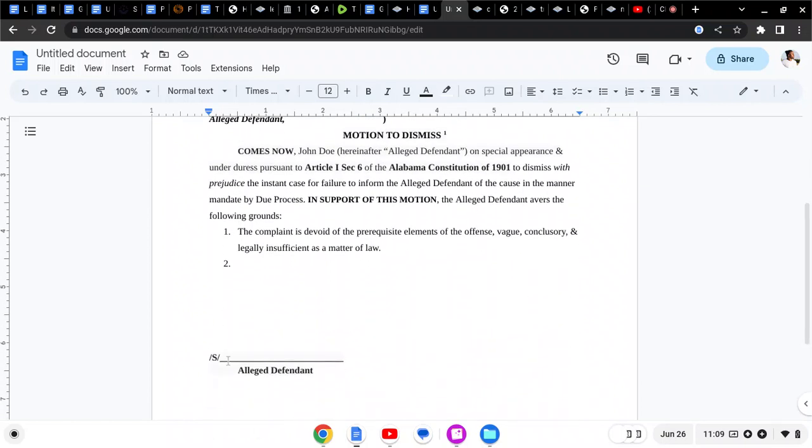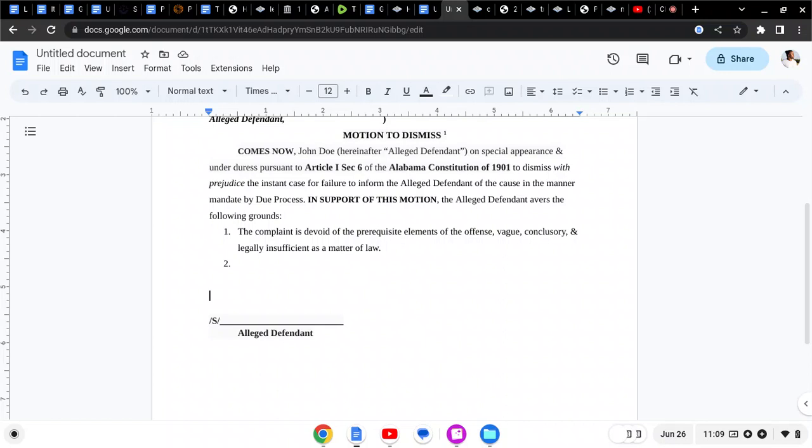You're filing a demurrer, aka a motion to dismiss, because you're testing the legal sufficiency of the allegations against you. That is all you're doing when you file a demurrer, aka motion to dismiss.